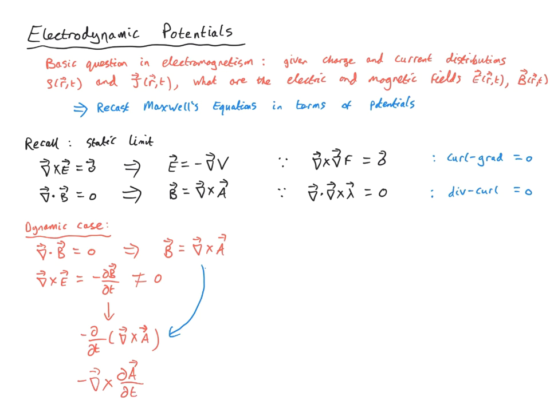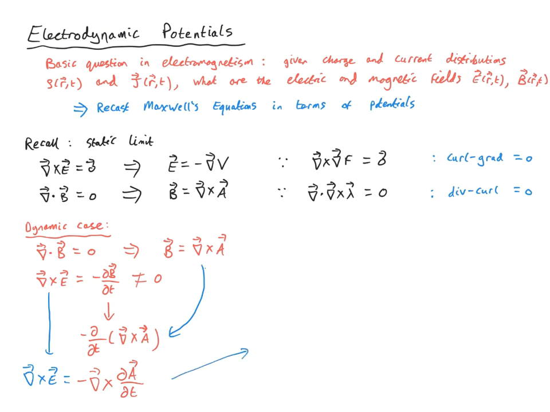And this is interesting because now, on both sides of the equation, we have the curl of something. So here we still have the curl of the electric field, and now that's equal to minus the curl of the time derivative of the vector potential.